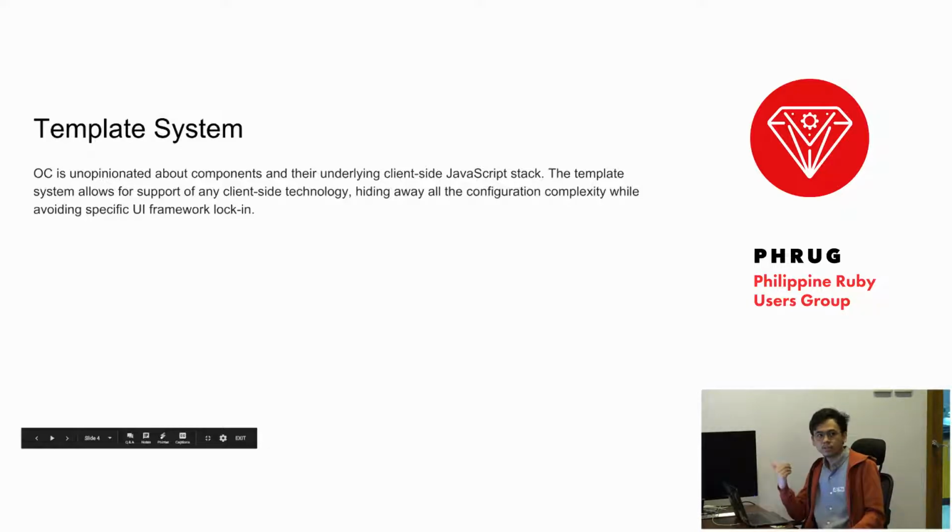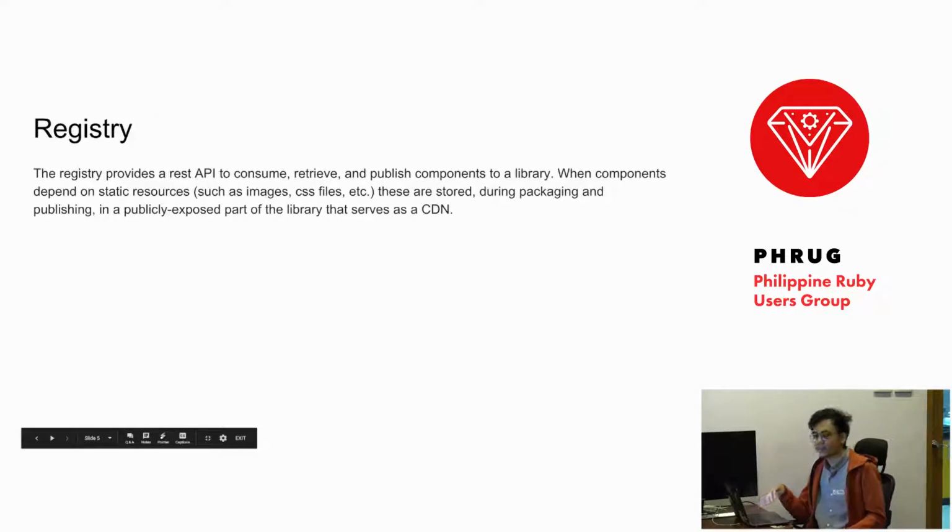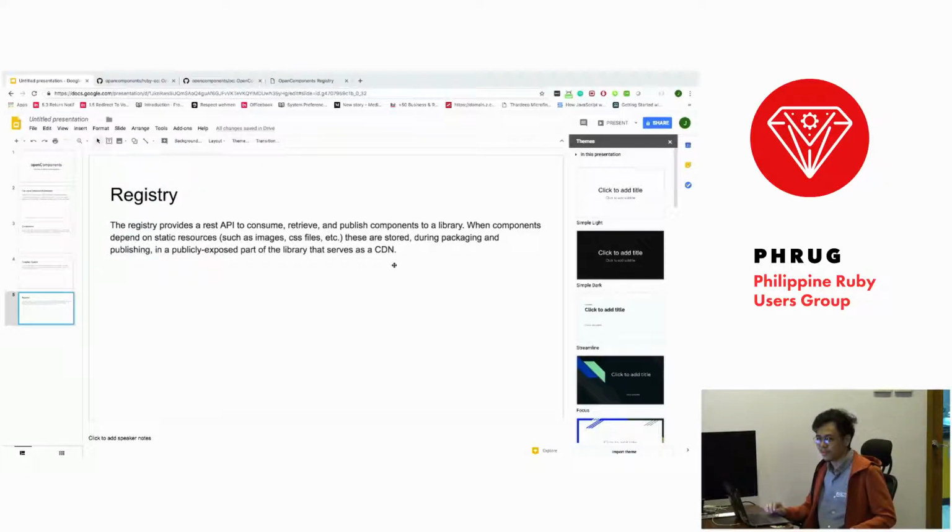You can also create your own template by forking their template compiler on GitHub. Then the registry. The registry is the library of all your components. You can view all your components in an online registry and in a dev registry.